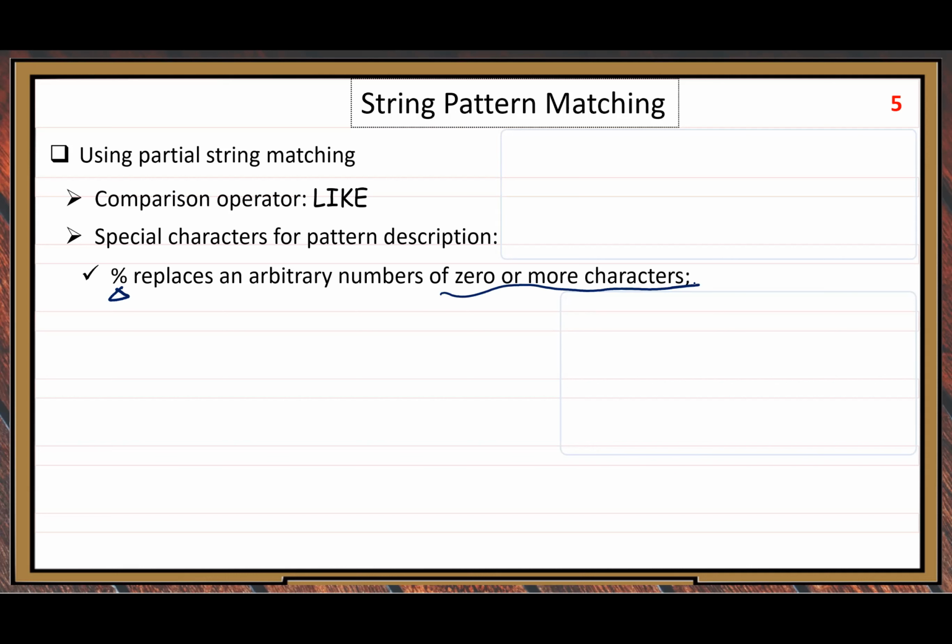In Unix, we use star to represent zero or an arbitrary number of characters, so we're familiar with the Unix way, but in SQL we do not use star, we use percent. Zero or more, any number of characters, percent can match that pattern.